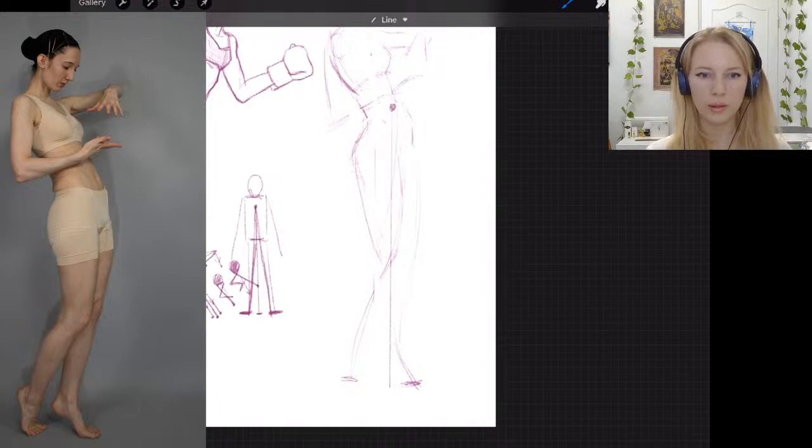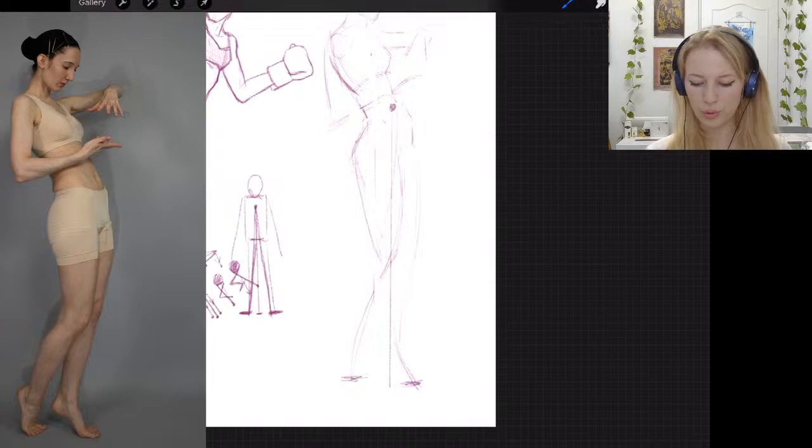Let's see, yeah, pretty much. But she has two points of balancing here. I mean, two legs, even though the leg that is in front of the other takes more of a weight, I would say. But okay, more or less, I hope it's clear.